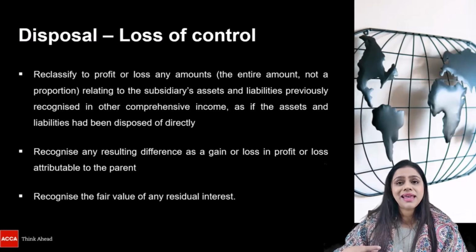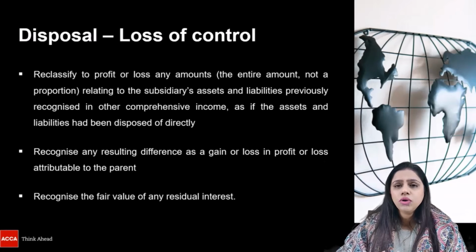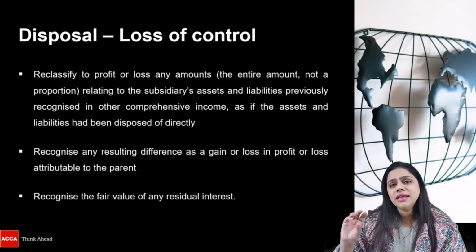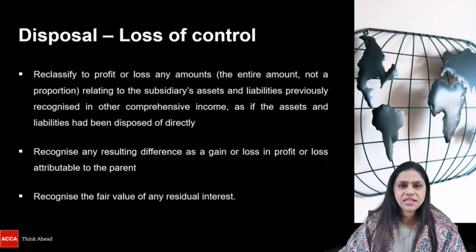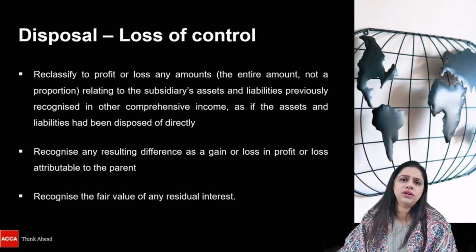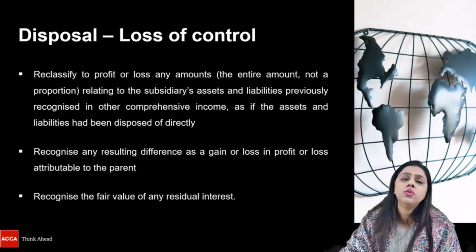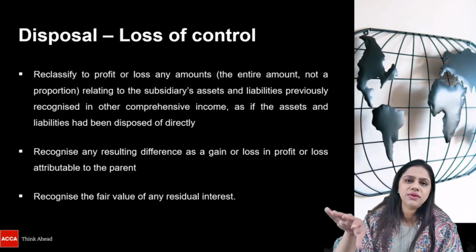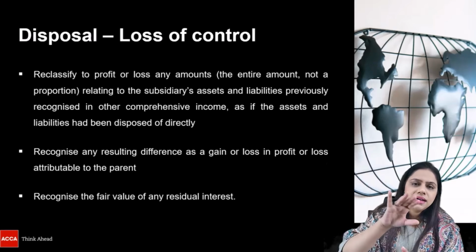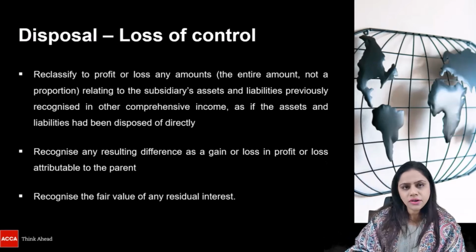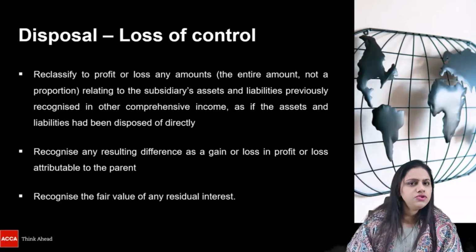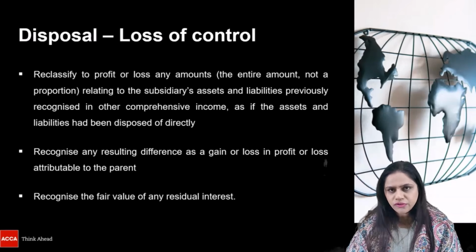So if there is any gain or loss that is remaining in the other comprehensive income which is related to this particular investment, now that the investment is no longer there in our business, we have realized it, so we are going to reclassify, we're going to recycle the related gains and losses from other comprehensive income, and we are going to charge them to the statement of profit or loss.